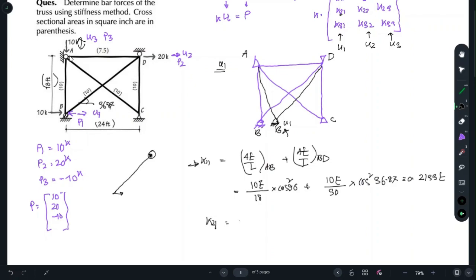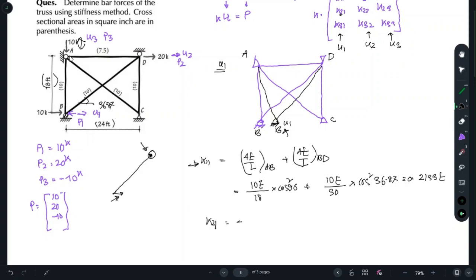So that would be simply minus 0.2133. Or you may just find it this way. If you are not happy with that, you may calculate that. There will be a negative because you have displacement here, but you want to find stiffness here, so it would be negative.